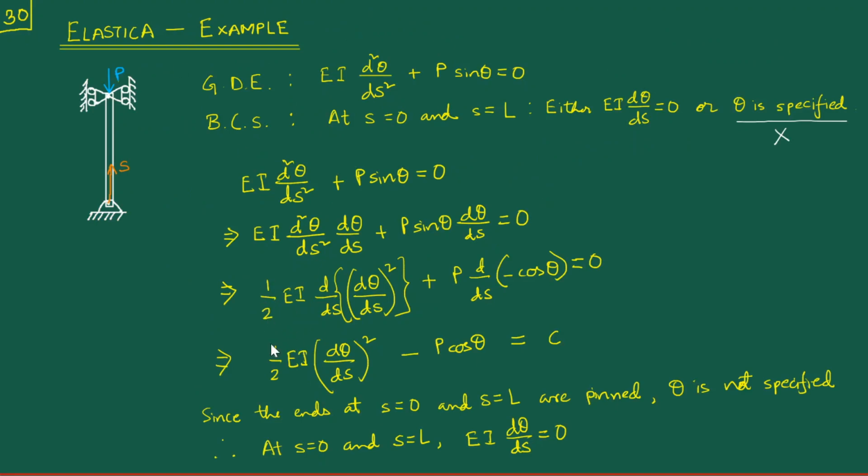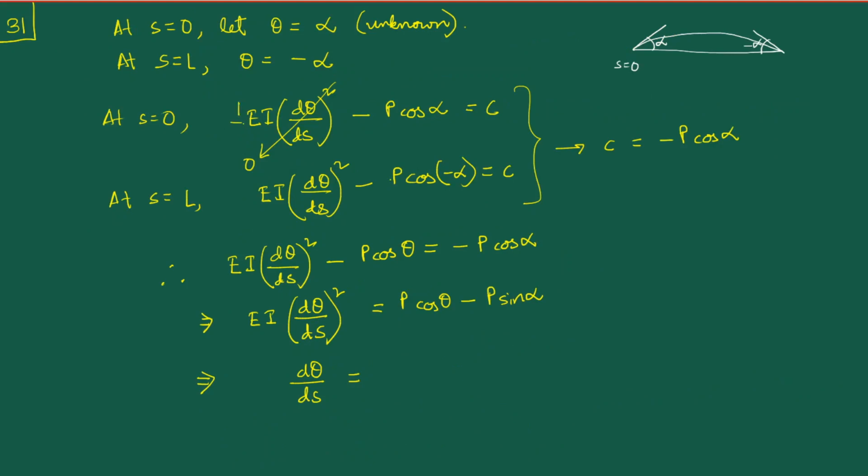It did not matter here, although it should be present. But here it does matter, otherwise I'll get my coefficients wrong. Okay, so now this is twice P by EI cos theta. This should be cos alpha.